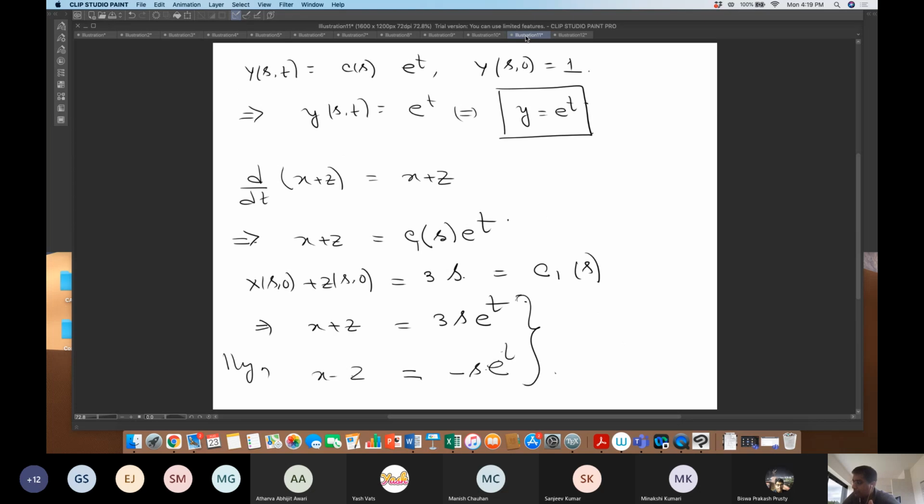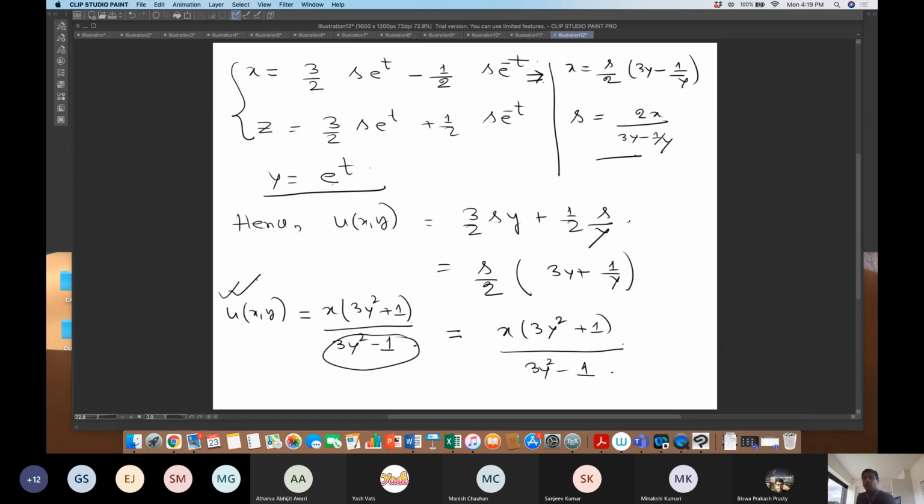Because y is e to the power t, it's a log y kind of function. That means some two characteristic curves intersect somewhere. That is the reason we are not getting a solution for all x. Of course, we cannot explicitly see where it is, but somewhere it is intersecting, because this is not a straight line. Somewhere they intersect, which means the solution does not exist for all.